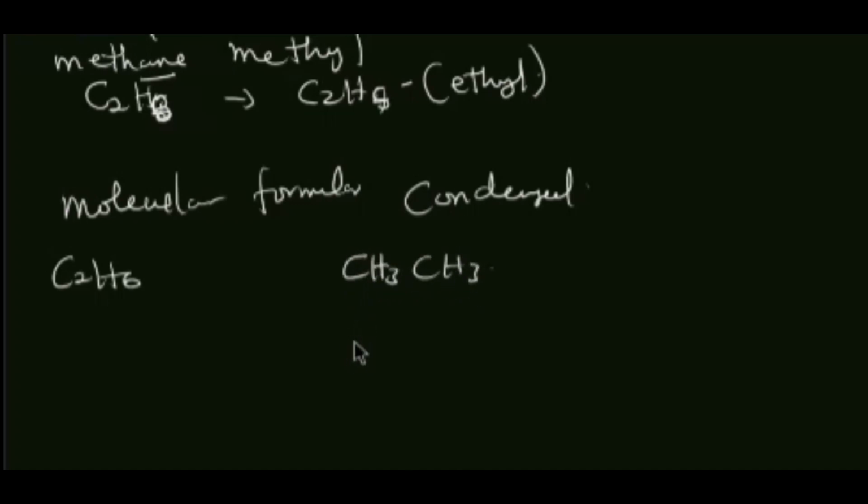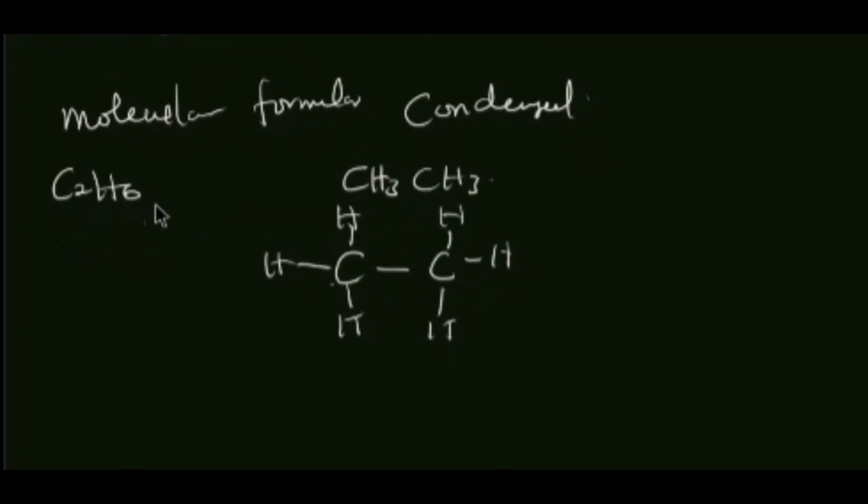This is because when you have the open structure, you have 2 carbons. There will be one bond here, one hydrogen to make the carbon. Each carbon will have 4 branches. Then another hydrogen will come, another hydrogen will come. So this is the CH3 here, CH3 here. This is the open structure, this is the condensed structure formula, while this is the molecular.